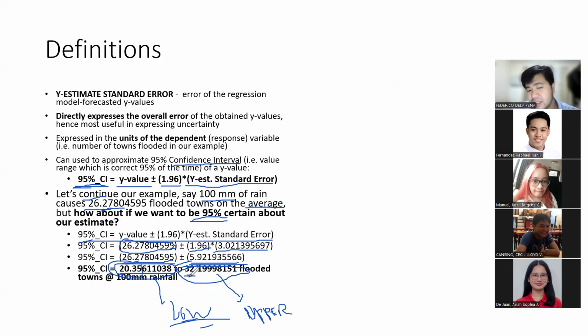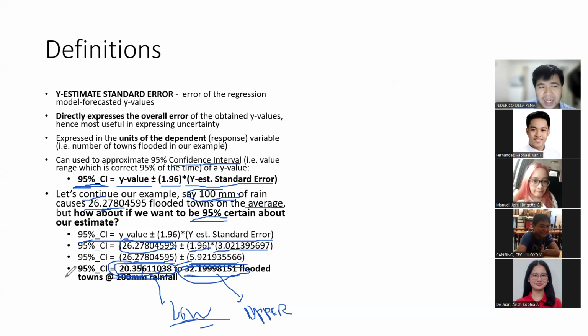So you can just say we're gonna get approximately 33 flooded towns if we have 100 millimeters of rain. So we're gonna get at most 33 flooded towns. Or if your boss just wants the minimum value, you can say the minimum value is probably around 20 flooded towns whenever you have 100 millimeters of rain.